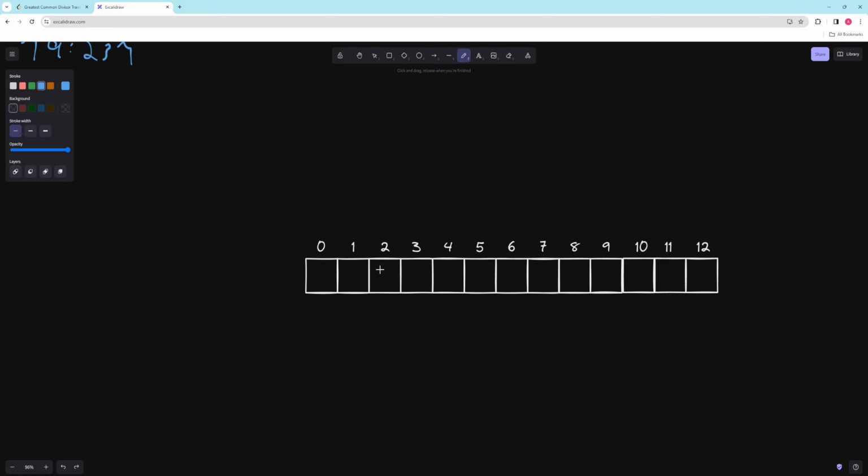So we know 2 is prime for sure, and 2 is its own smallest prime factor. So we're going to write this as 0. Then we are going to keep adding 2 until we get to the end of our array. So we're going to add 2, we're going to go to 4, and we're going to check if 4 is its own smallest prime number.